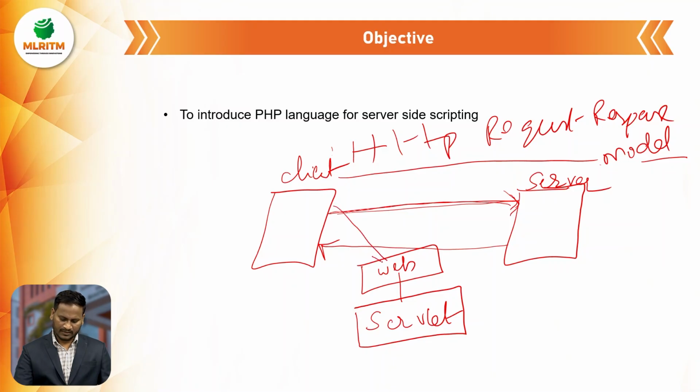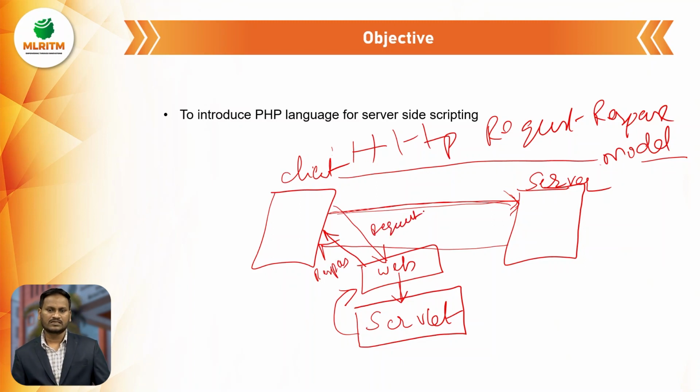The web container processes that request and changes it to an object, because a servlet only understands objects, and gives it to the servlet. By using some method, the servlet processes the data and gives it back to the web container. Again, it transfers that data into a simple response for the client's understanding. Likewise, a servlet works as a communicator between client and server.